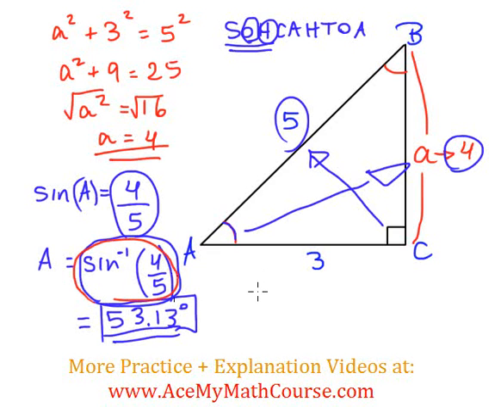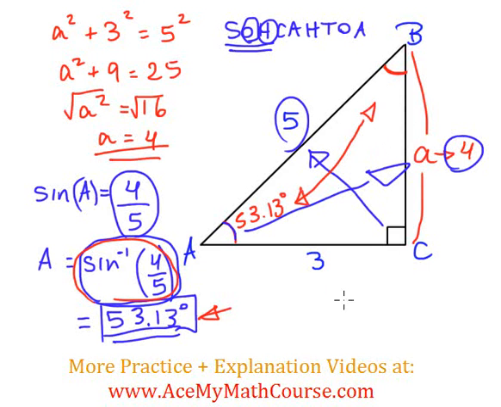So now, great, we have 53.13 degrees. And we also want to figure out angle B. How can we find that out? Well, for right triangles, we know that these two little angles here, the two acute angles, will add up to 90 degrees.